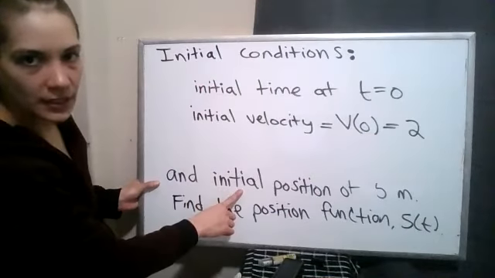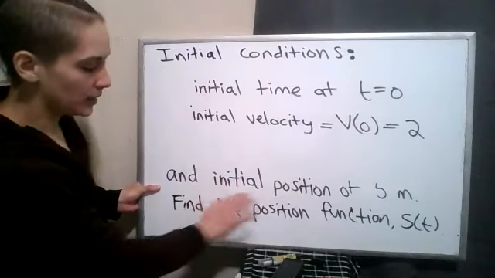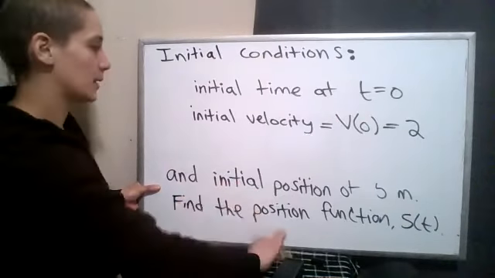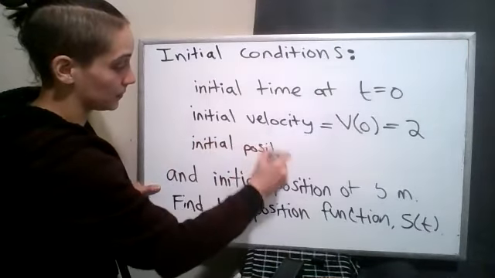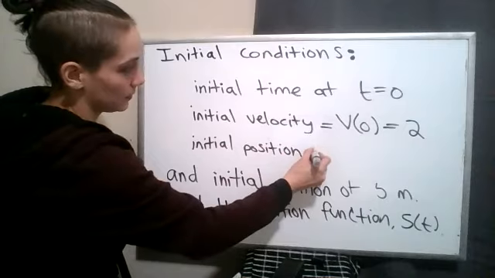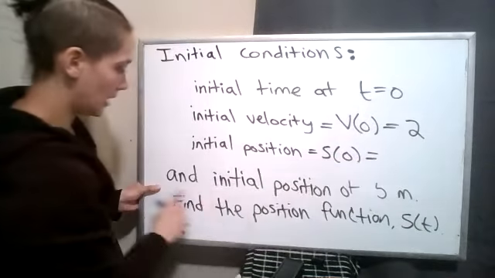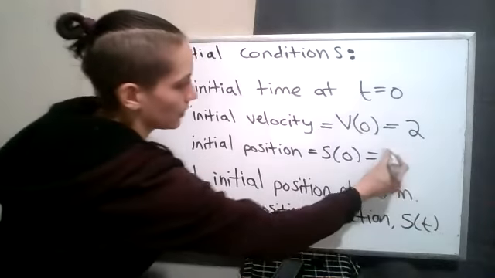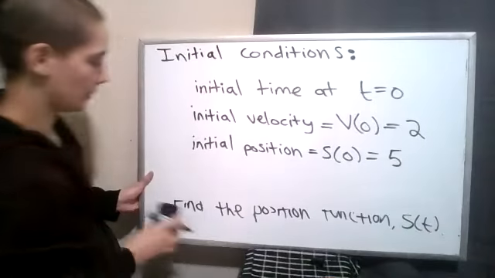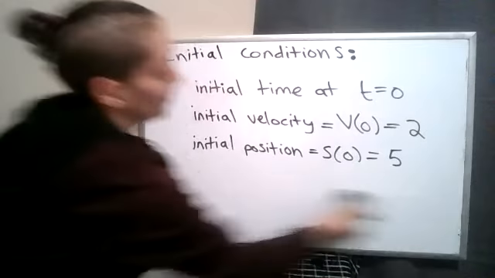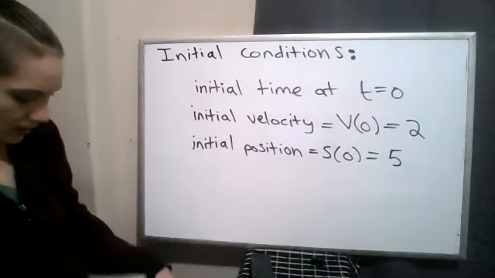Initial position, so that's your s function, position function, and it's at its initial position when t equals 0. The initial position is 5. Okay, my initial conditions. Good.